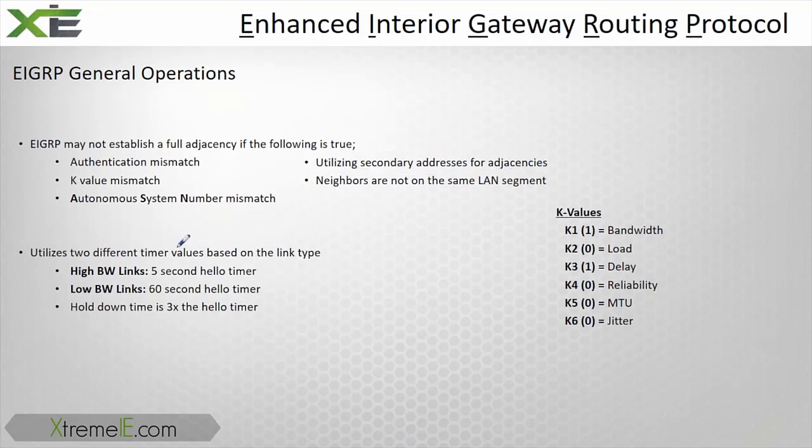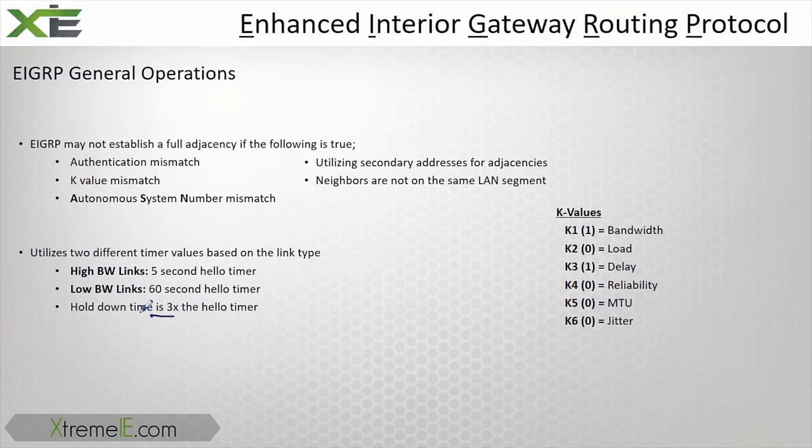Okay, now the last thing I want to talk about really quick before we jump into the CLI is the timers. EIGRP by default is going to use two different timers, and it's going to be based on the interfaces that you deal with. On slower bandwidth links, for example serial interfaces, they should be using 60-second hello intervals by default. Most of the time you're not going to see this anymore because most of the interfaces that we have are high bandwidth links: 1 gig, 10 gig, 40 gig, 100 gig, etc. And you're going to see a 5-second hello timer.